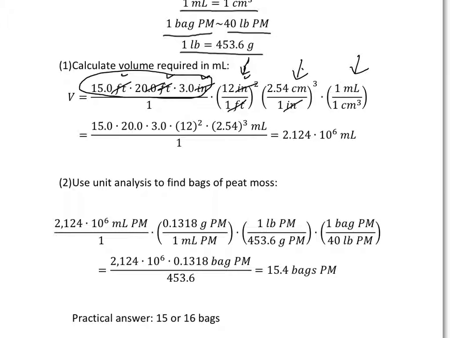Collecting all the numbers and doing the appropriate cancellation of units, I'm left with units of milliliters, and the calculation shown here, 2.124 times 10 to the 6th milliliters. And that's milliliters specifically of peat moss.